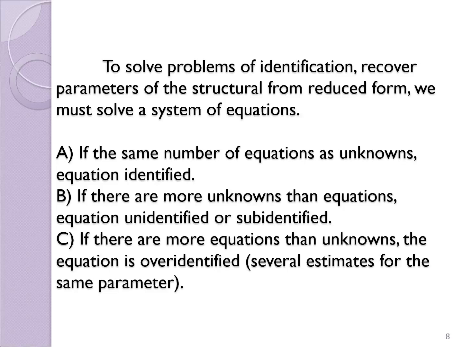In terms of equations, and we go back to equations now, to solve the problem of identification, that is to recover the parameters of the structural form from the reduced form, we have to solve a system of equations. The system of equations I am referring to now is not the structural equations, it is the equations that relate the alphas and the betas.